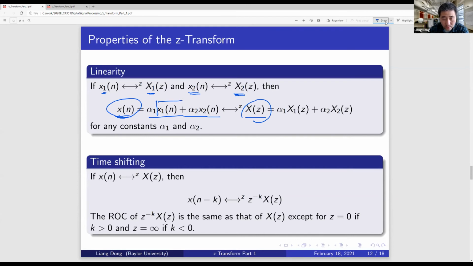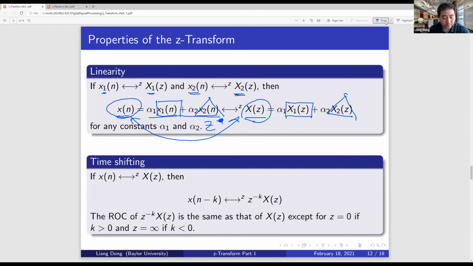So I get X1(z) here and X2(z) there, and by linearity, your combined signal is also a Z transform. As a matter of fact, you can extend it to many terms summed together. You don't necessarily limit it to x1 and x2. You can have many terms.